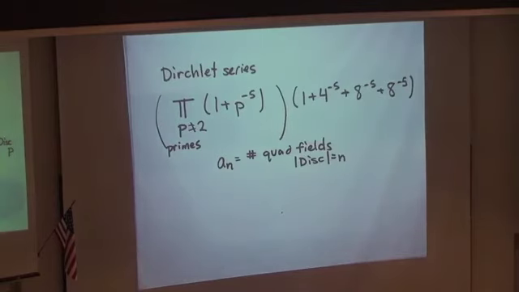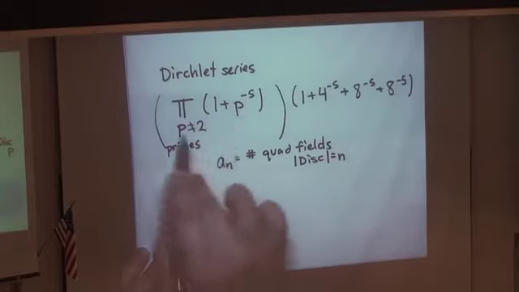So we can now apply the Tauberian theorem to this Dirichlet series. We need an analytic continuation, or meromorphic continuation, to do that.